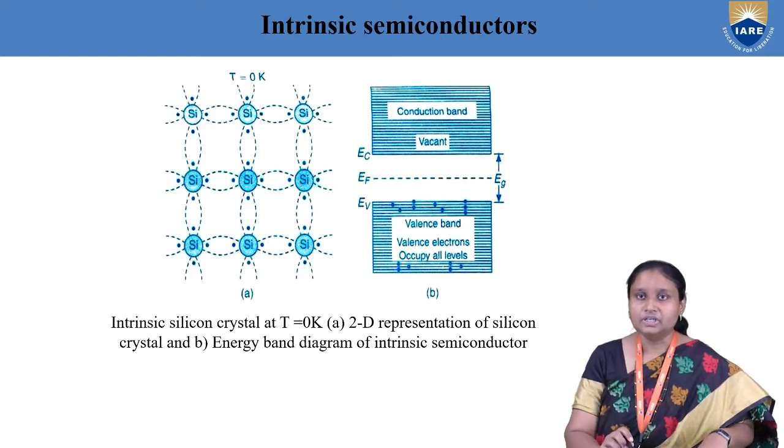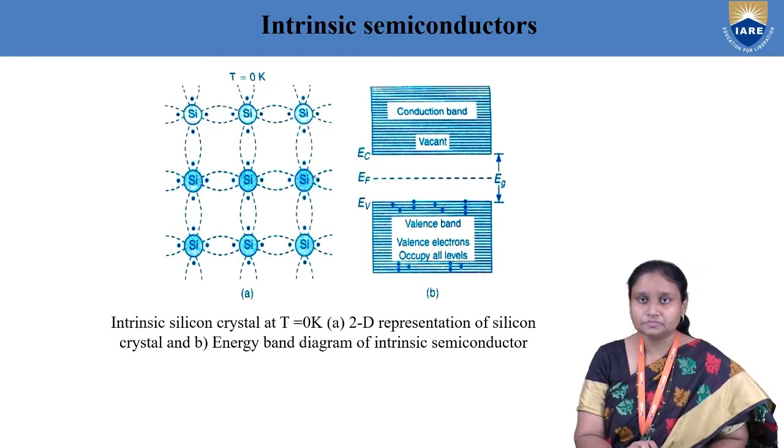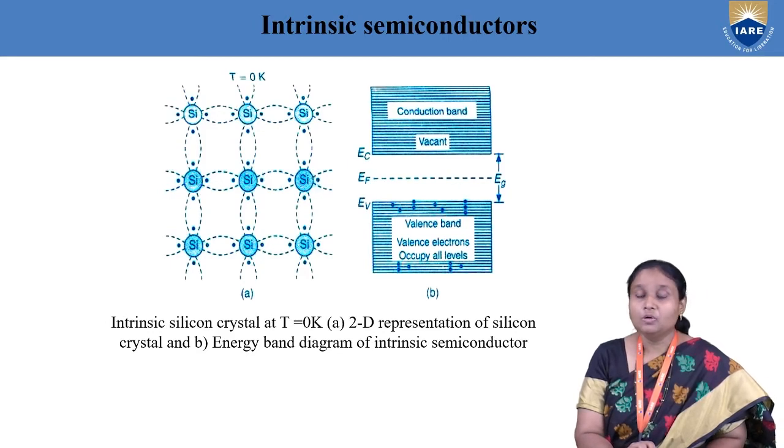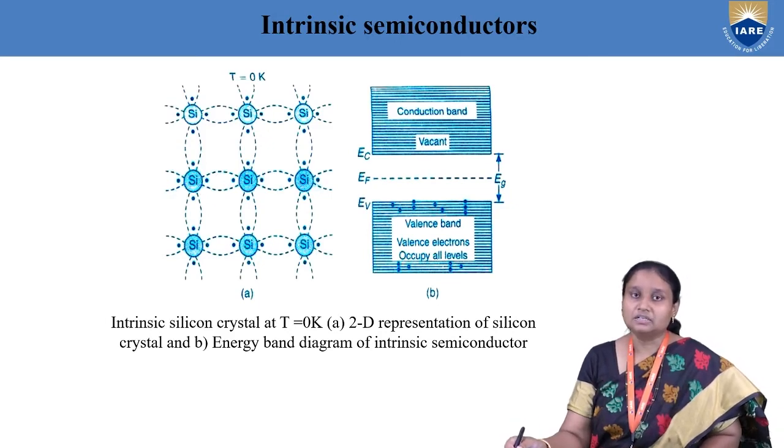Now in this figure, as you can see, we have taken a silicon crystal, which consists of many silicon atoms. We know that silicon and germanium belong to group 4, which means they have 4 valence electrons.